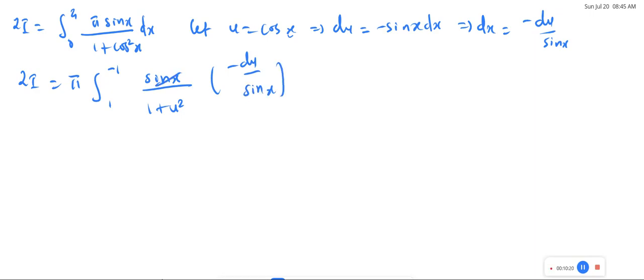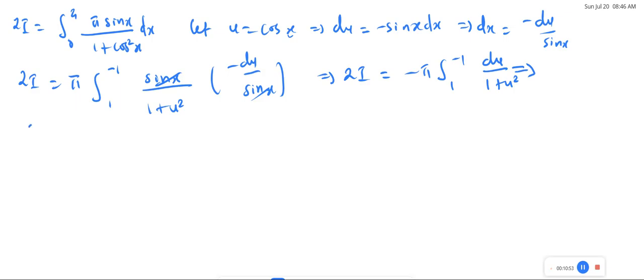So we cancel out sine x here. We are going to have 2I equals minus pi times the integral from 1 to -1 of 1 over 1 plus u squared du. Now you remember that this integral results in arctan of u. You can check one of my videos on that, where I proved that the integral of 1 over 1 plus u squared equals arctan of u.